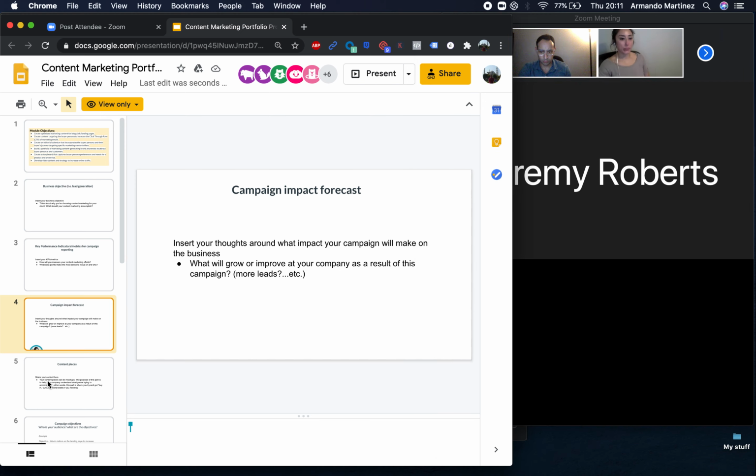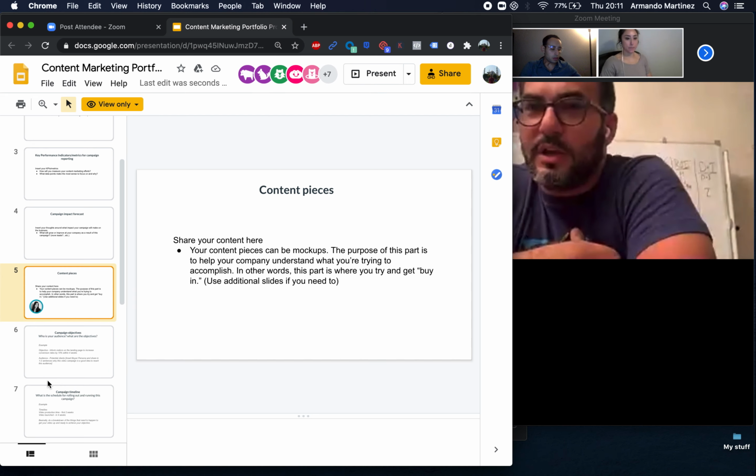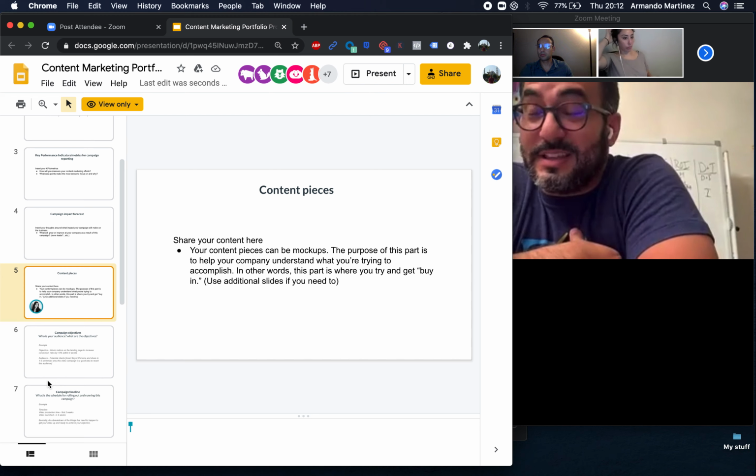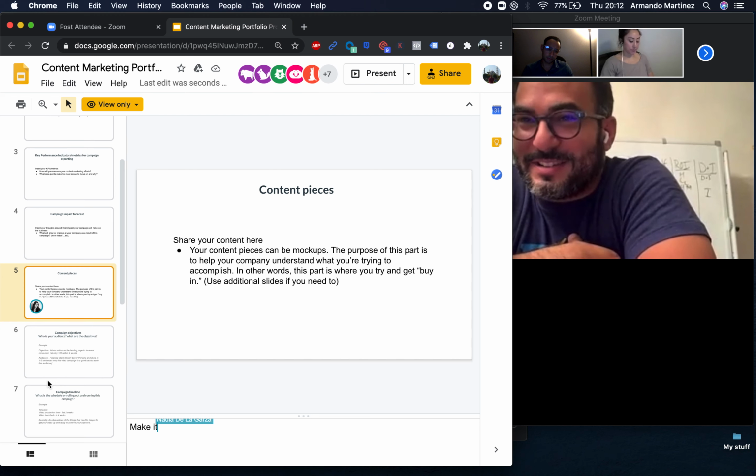Next one. Content pieces. Your content can be mock-ups. This is, in other words, what you're trying to accomplish. In other words, this part is where you try and get buy-in. Now, when you show mock-ups, this is a big one. Make it look pretty. Don't half-ass this, right?